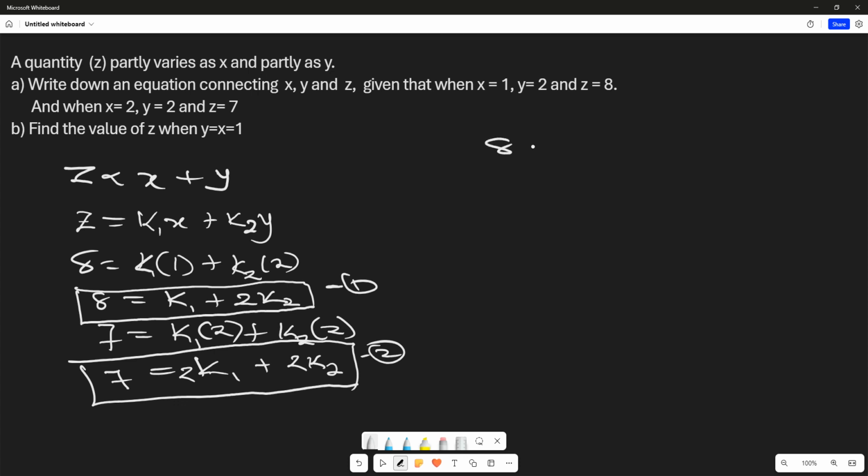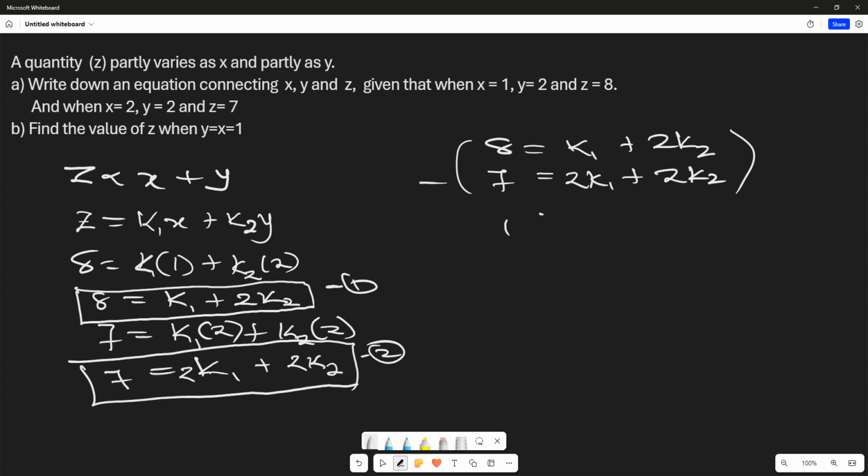Let's perform the subtraction here. 8 is equal to k1 plus 2k2, and then we have 7 equal to 2k1 plus 2k2. We are performing subtraction. So here will give us 1, and here will give us negative k1, and this will drop. This implies our k1 is equal to negative 1.